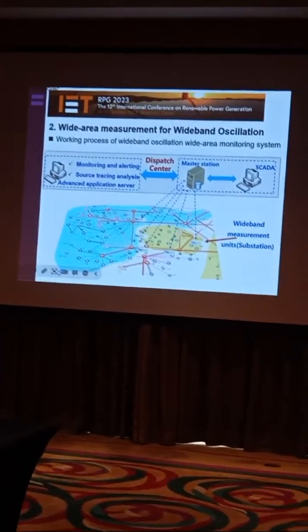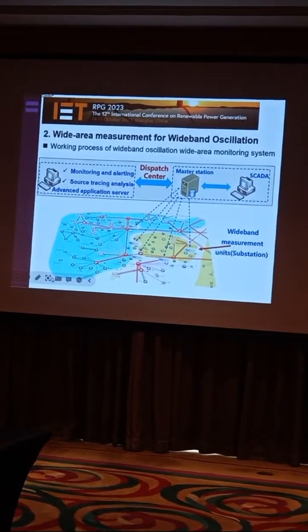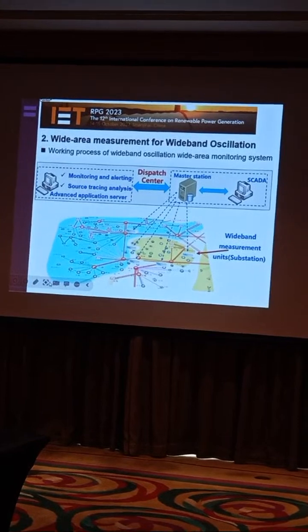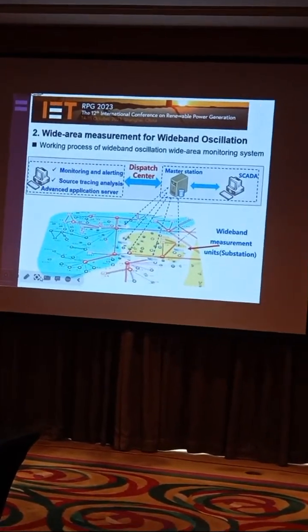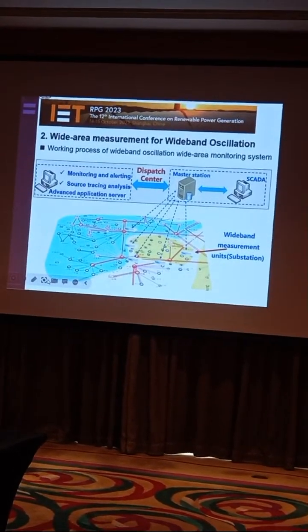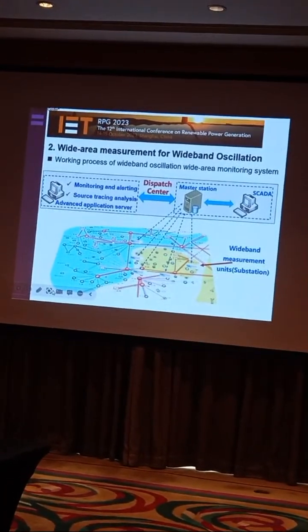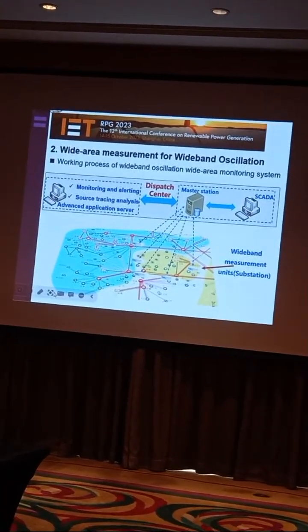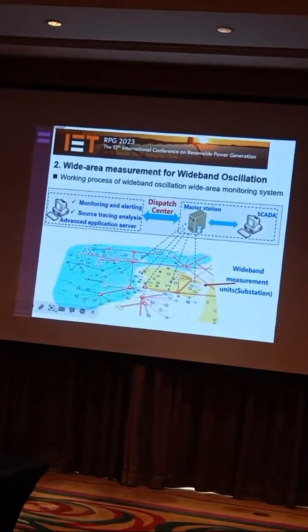Processed data is then collected and sent to the master station for analysis. The master station processes the data received from substations to perform monitoring, early warning, stability assessment, source tracing analysis, and others to obtain the overall operational status of the power grid.